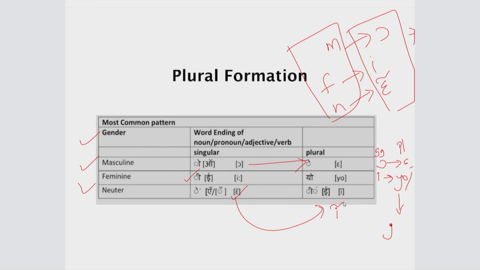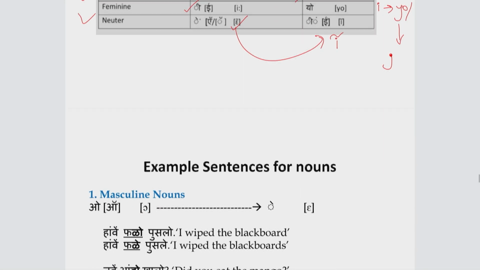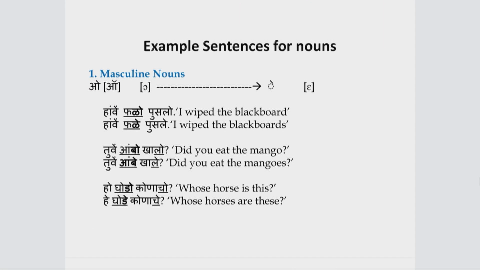So let's see some examples of this common pattern. As I have said, mostly masculine nouns end with O and they become A in the plural. For example, have folo puslo. Folo is ending with O and it is a masculine noun. In the plural, it will become fole.